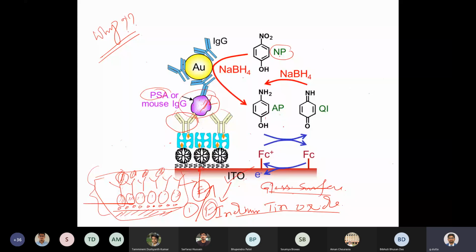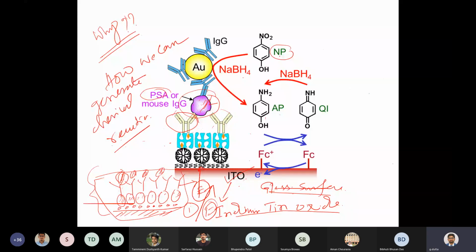This is some chemistry I'm going to teach you. For that reaction, we need some catalyst, some enzyme. So now the question is how we can incorporate a chemical reaction on the surface.